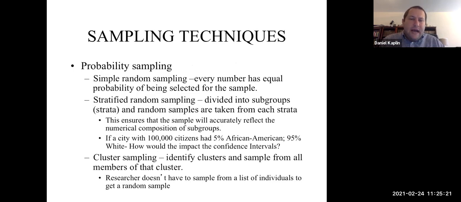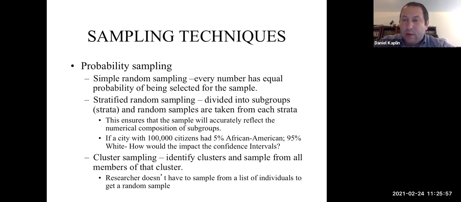So let's talk about the three types of probability sampling. Simple random sampling is where everybody has an equal likelihood of being selected. What would that look like if I were doing research and I was going to select someone from a class to be my research assistant and publish with me? I put everybody's name in a hat once, right?